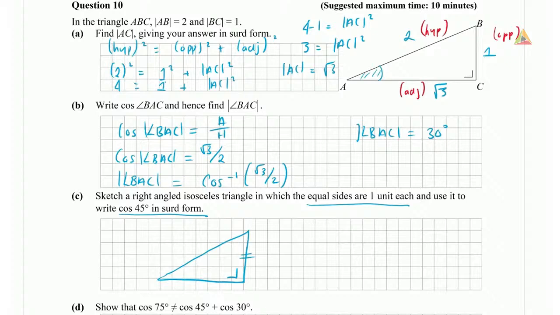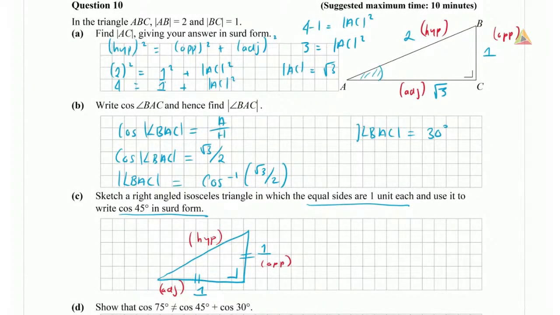I'm going to make these two sides the same. They've told us that those equal sides are worth 1. And they're telling us to write the cos of 45 degrees in surd form. So what we need to do here is find the length of the third side, which is the hypotenuse. So this is the hypotenuse, and we'll say this is the opposite and this is the adjacent.